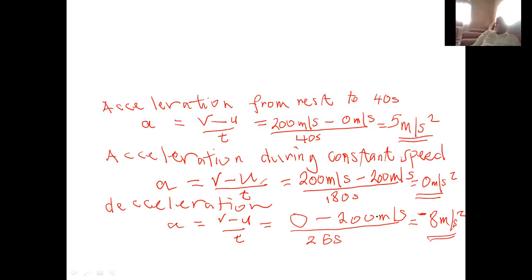This is negative because the initial velocity is greater than the final velocity. And so this is how you can develop basic concepts on a speed time graph.